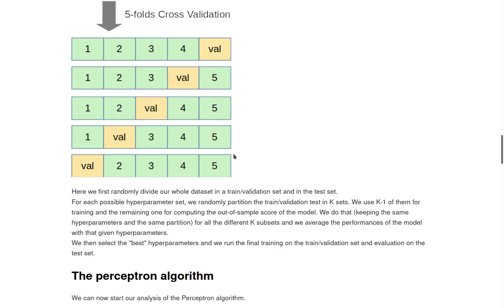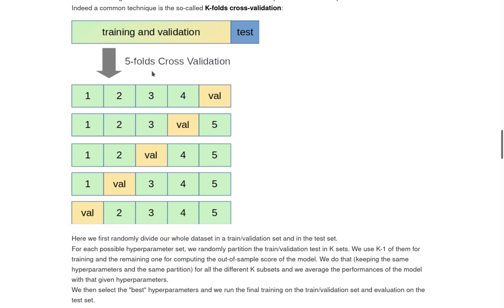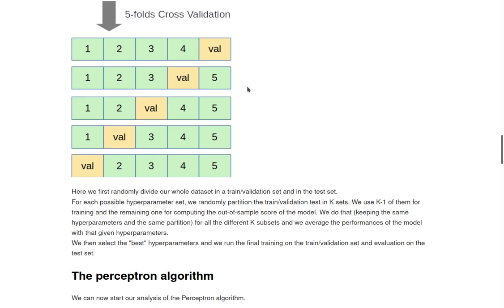At the end, we choose the combination of hyperparameters that minimizes the error, and with that combination we again train the model on all these training and validation sets, and we judge the final validity of the model on the test set.